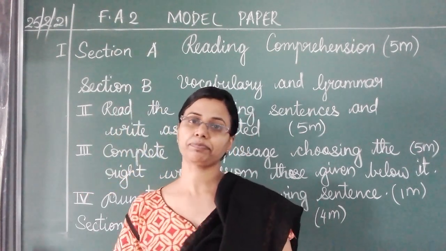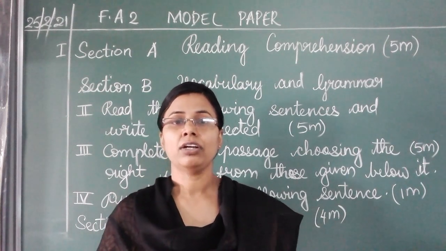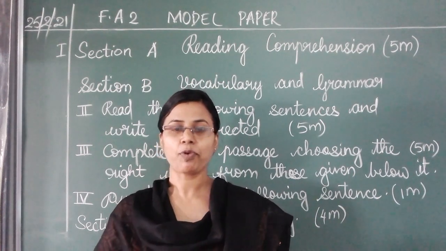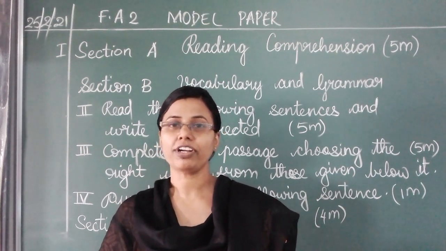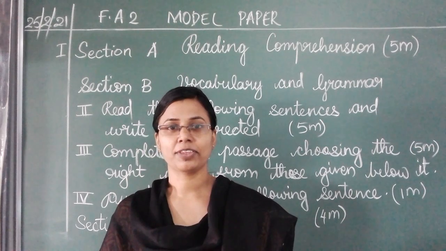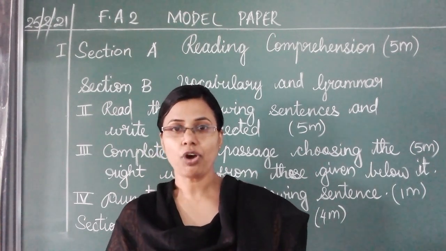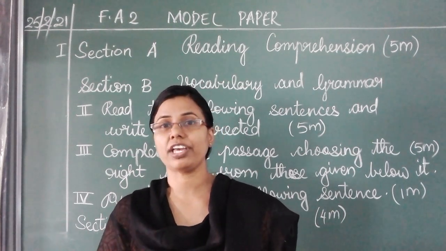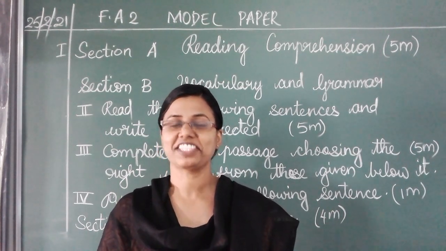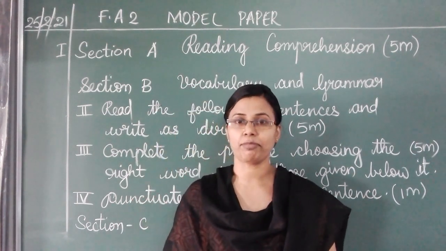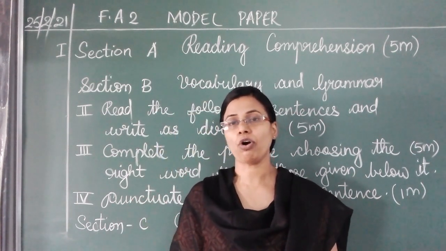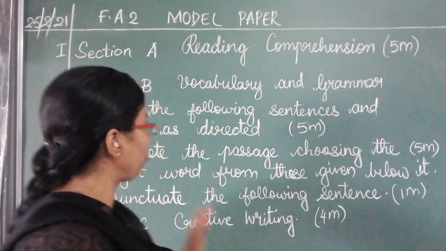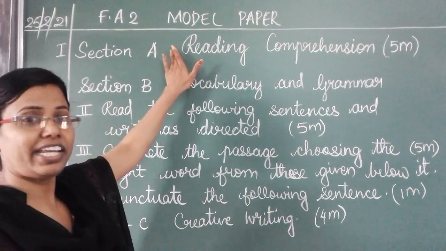For example, if option A is apple, option B is banana, option C is cucumber, option D is none, whichever is the right option, if it is B, write the option B and write what is there in that, banana. Understood? This is only for your understanding that I am telling. So whatever is there in the option, write the correct option and then write what is there in that. That way you are going to do your reading comprehension.